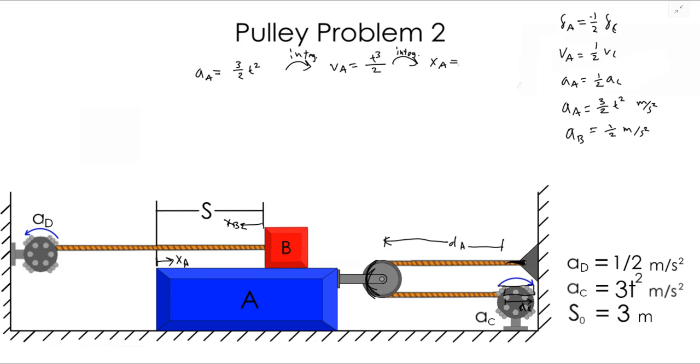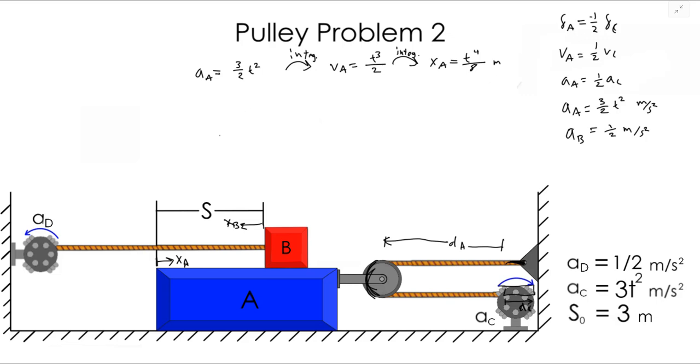The initial position is also 0. If we take our integral, this is going to be t to the 4th, and we divide by 4, so we get t to the 4th over 8, and that's meters in the end.